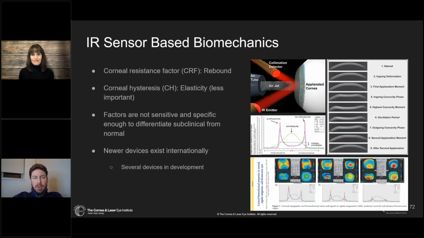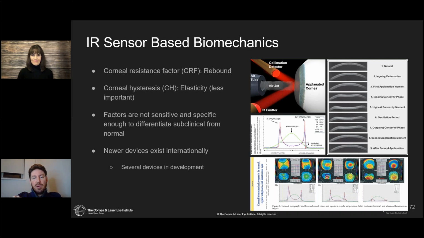But in general, if we look at corneal hysteresis or corneal resistance factor, essentially what we're looking at is the deformation of a cornea under an air puff. And instead of doing the video of it, like what we had seen with the Scheimpflug version, they're just using a simple IR projector and sensor. And as we deform, the curve is created.